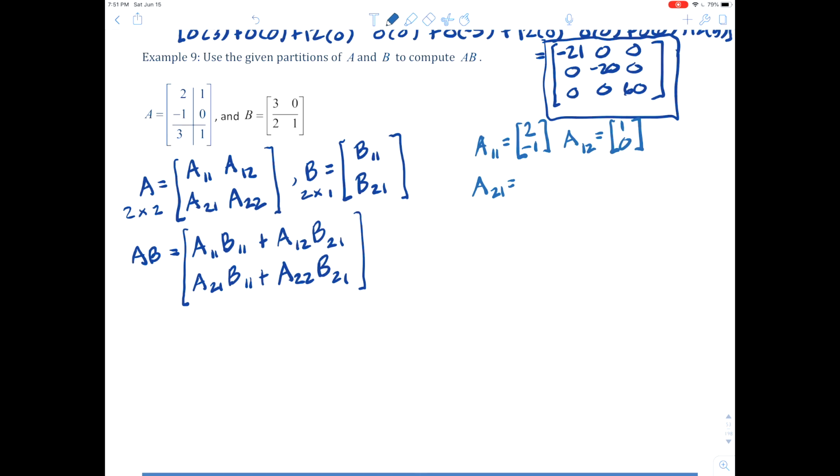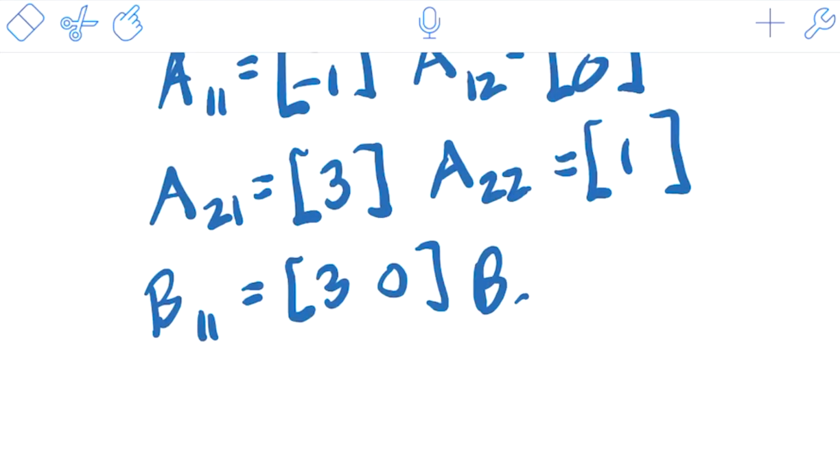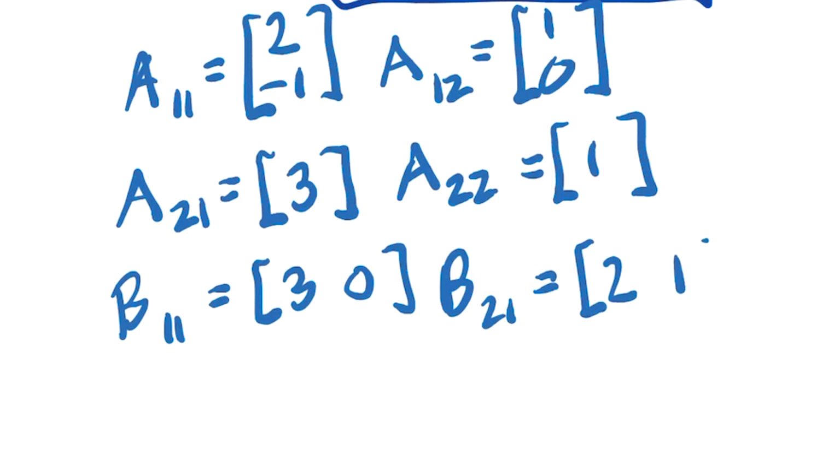A21 is equal to the 1 by 1 matrix 3. And A22 is equal to the 1 by 1 matrix 1. And B11 equals the row matrix 3, 0. And B21 will be what? 2, 1. That's kind of funny.